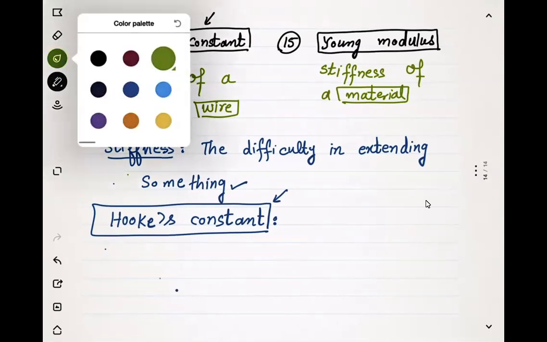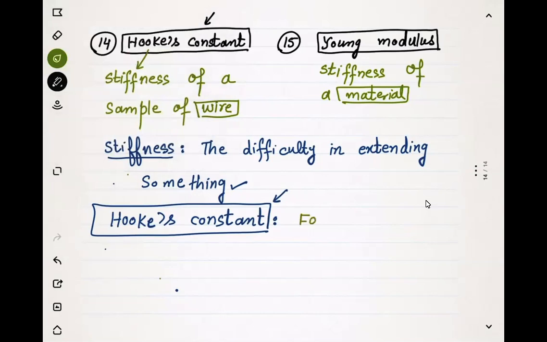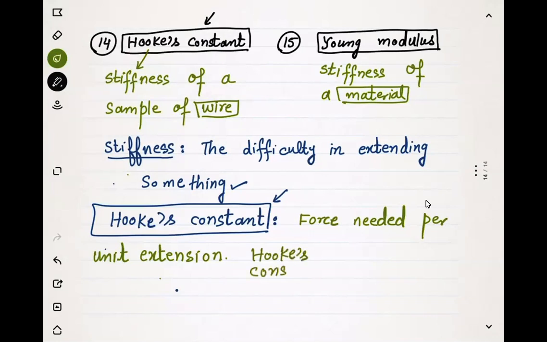So Hooke's constant by exam definition is force needed per unit extension. Here per unit extension means an extension of 1 meter. So Hooke's constant can be written as force over extension.